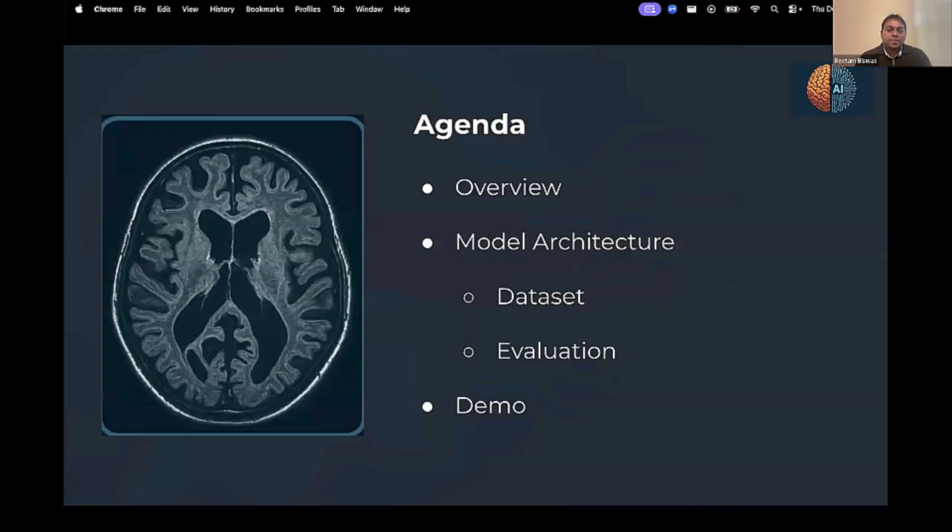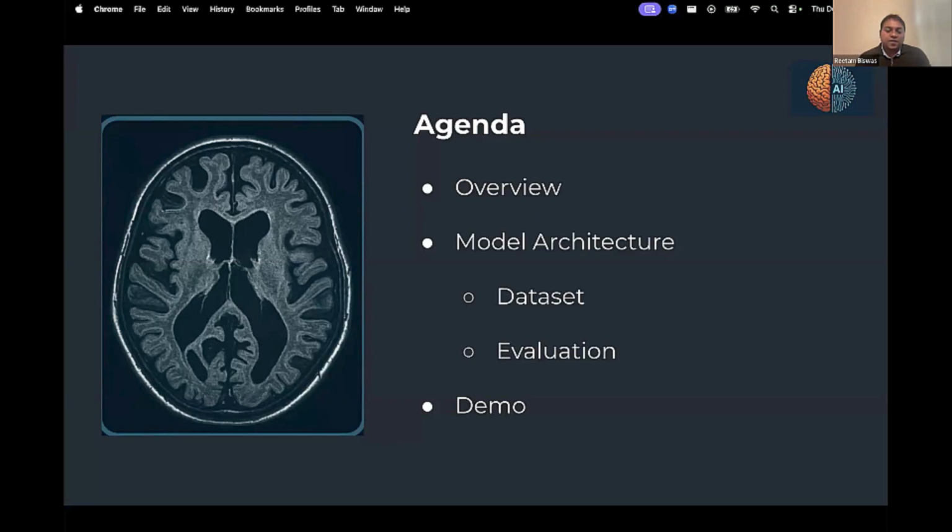Right. So the agenda goes like this. First, I'm going to cover a little bit of overview, why we are focusing on Alzheimer's specifically, and what the goal looks like. Then I'll directly jump into the model architecture, how important the data set is to this model, and also how we can evaluate the trained model to make sure of trust and interpretability.